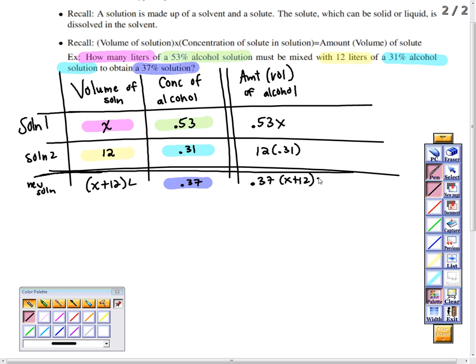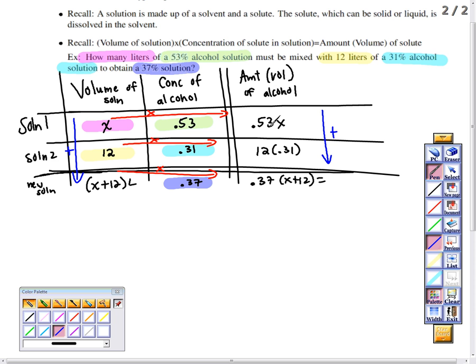Now notice that we multiplied across here, here, and here. You also added down here. We can also add down on this side because the volume of strictly alcohol is also additive.